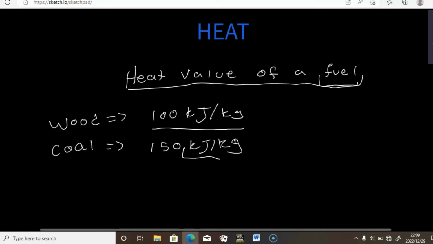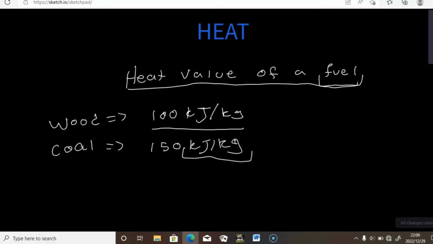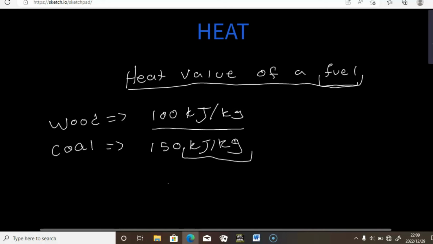And it is given in kilojoules per kg. That is the SI unit of the heat value for solid fuels. Solid fuels, it's wood, coal, and then we have gas fuel.